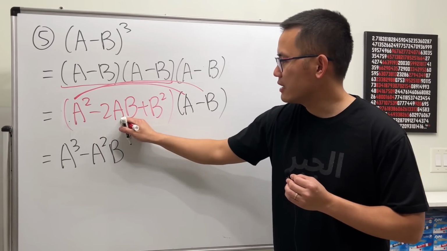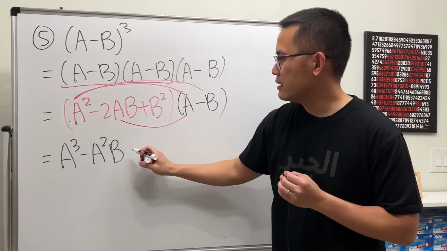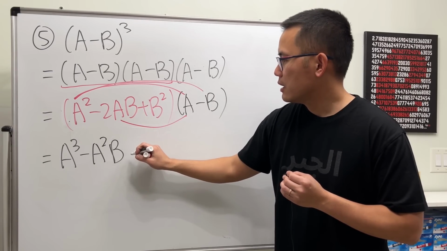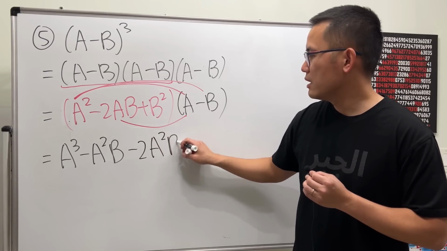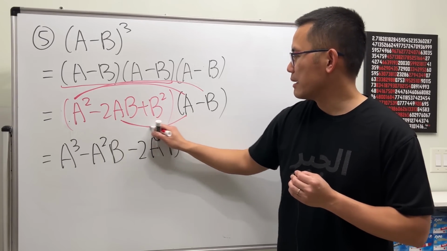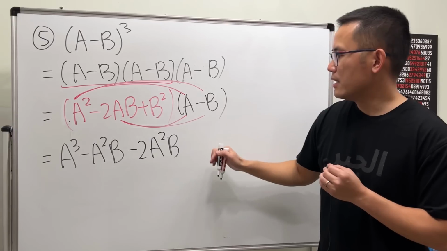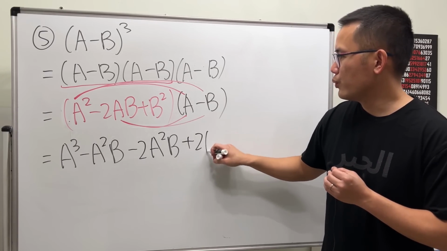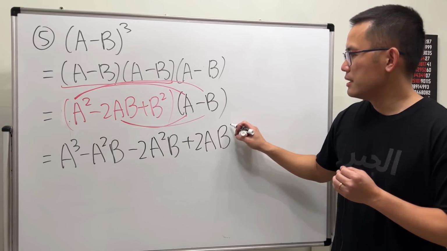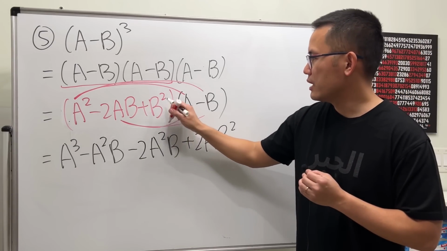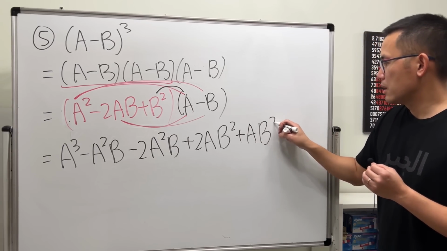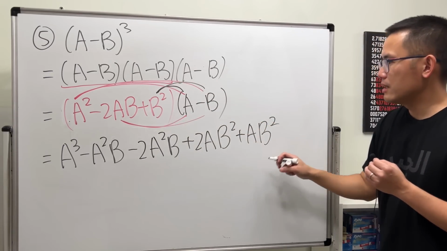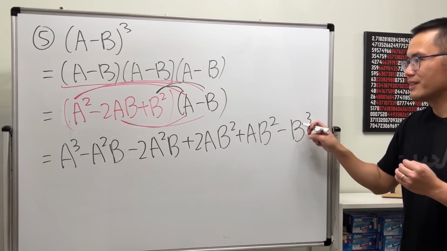Done with that, take this times this now, that's minus 2A squared B. And then take this times this, minus times minus, we get a plus, and then 2AB squared. And then lastly, we take this times this, which is plus AB squared. And finally, take this times that, we get minus B cubed.